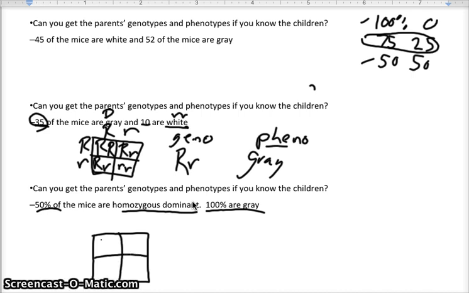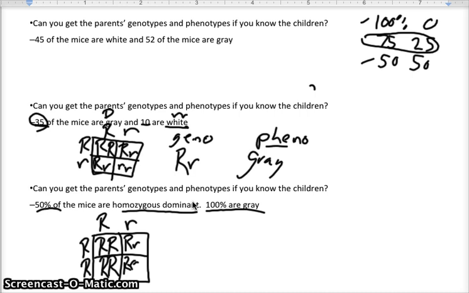So that's easy, because half of the boxes have to be big R, because half of the kids are big R, or homozygous dominant. If 100% are gray, so that means the other ones have to have a big R, but if only 50% are homozygous dominant, that means the other 2 have to be heterozygous. So a little r has to go up here to get little r in those boxes, and then the rest of them will all be big R's.